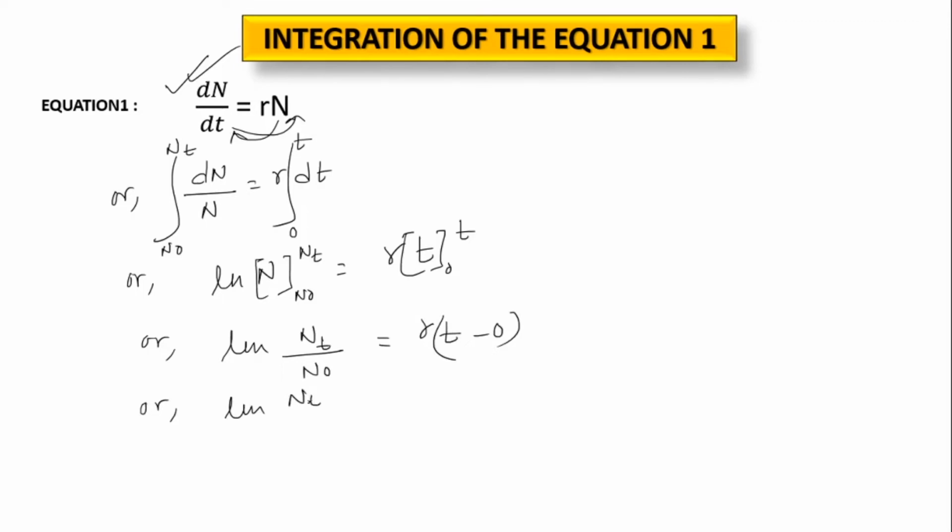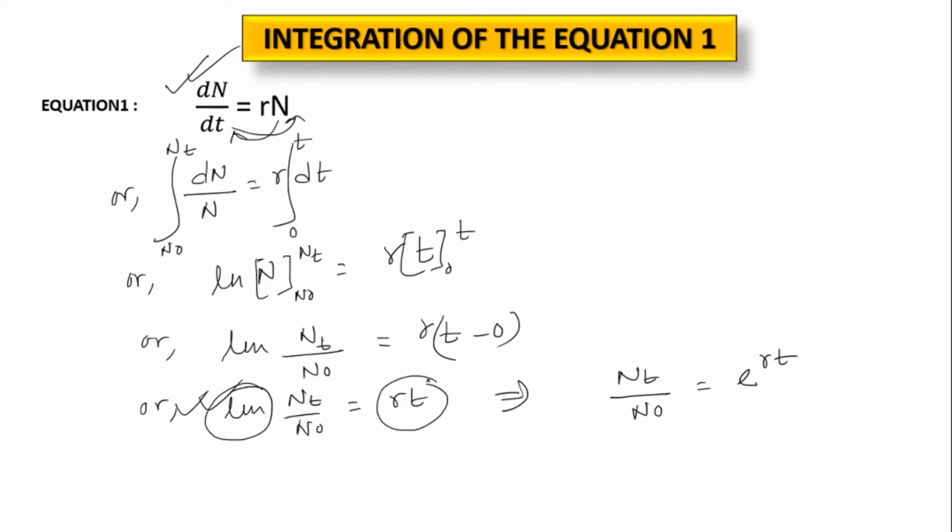Again we can write that ln (Nt by N0) equals rt. We can write this formula as Nt by N0 equals e to the power rt, because if we want to omit the ln on one side, we can transform it as the power of the exponential constant.